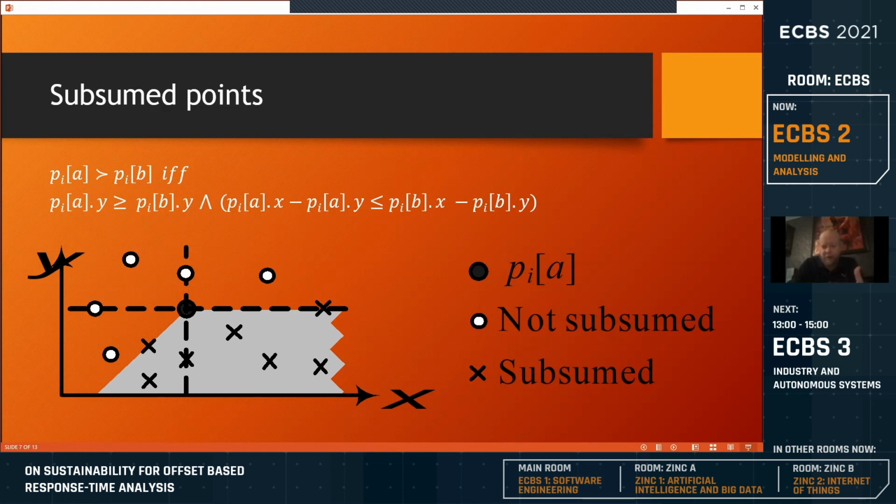This would be done in C, C++? Yeah, C++. Right. So the input is real measurements, execution times, that would be the input to the tool, yes? Yeah.